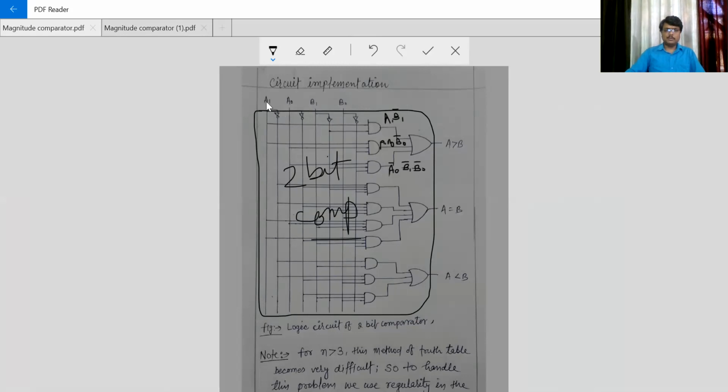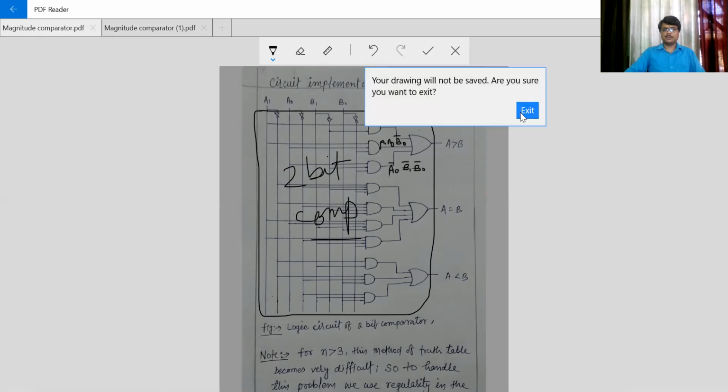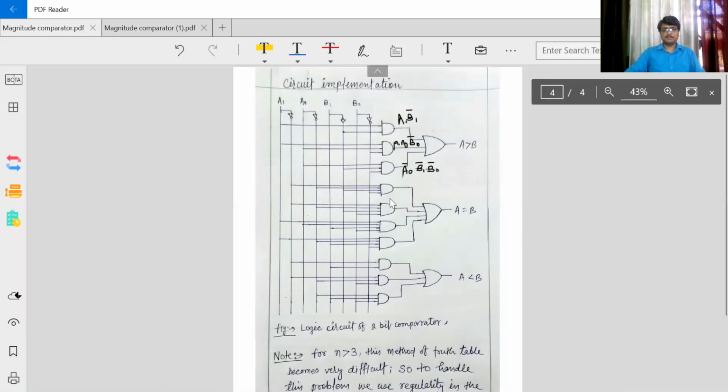So there are 4 inputs: A1, A0, B1, B0, and this is the output. Inside the comparator, this circuit should be there. Okay, so this is the case. I hope you must have understood the concept.